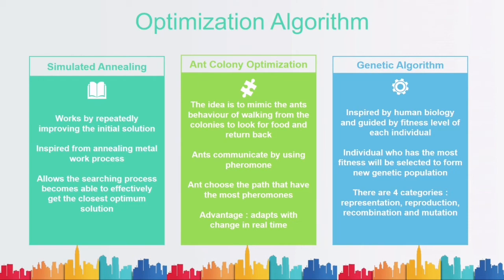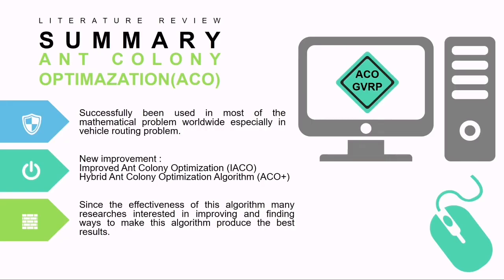It can be categorized into four categories which are known as representation, reproduction, recombination, and mutation. Based on studies that have been conducted, ant colony optimization algorithm has successfully been used in most mathematical problems worldwide, especially in vehicle routing problem.